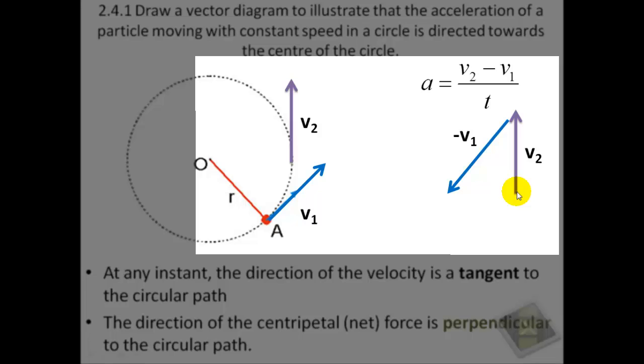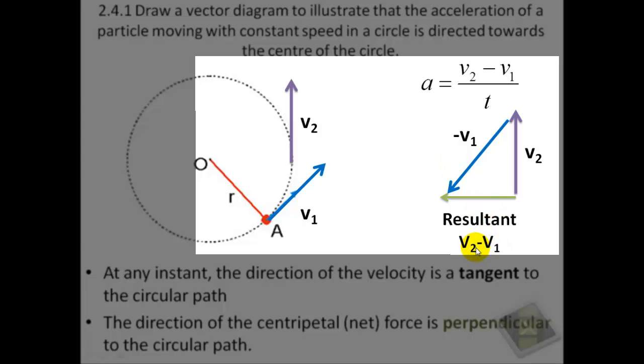So v2 plus negative v1 basically goes from here to here. So I'll draw that there. So this is the resultant vector of v2 minus v1, or rather v2 plus negative v1, which gives a vector in that direction. So this green vector here is the difference of v1 and v2. So this is a resultant of v2 minus v1.